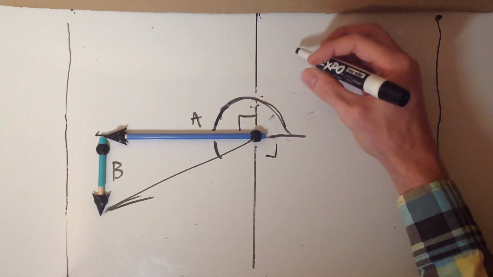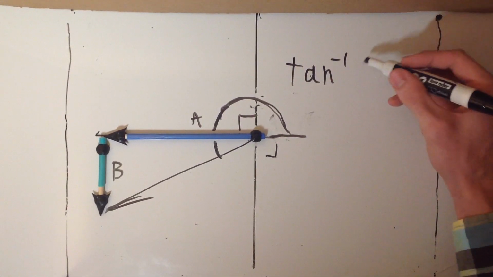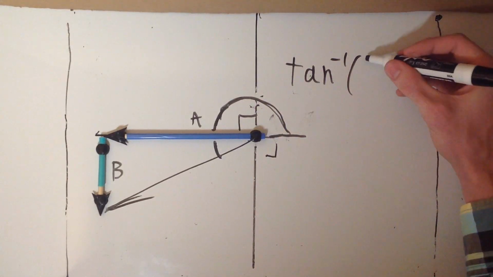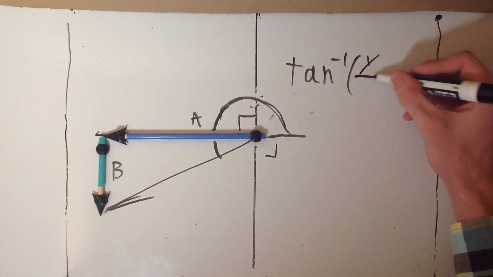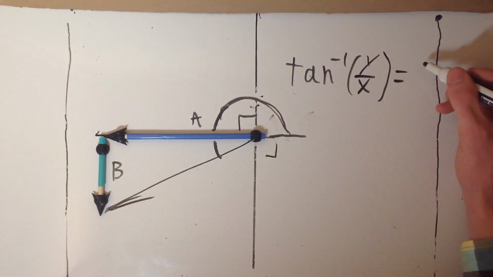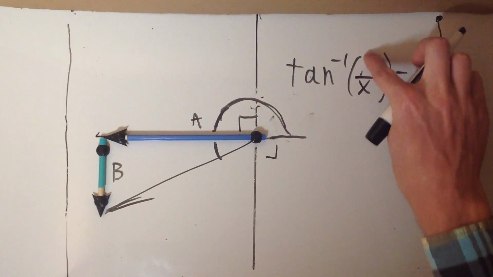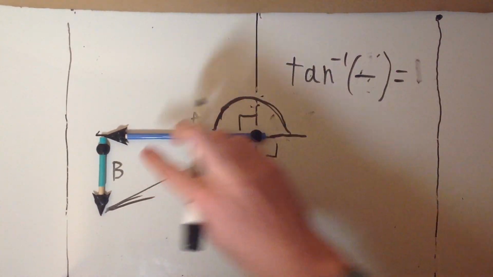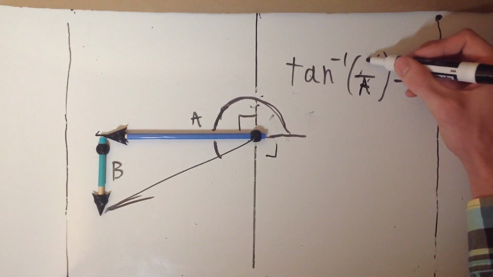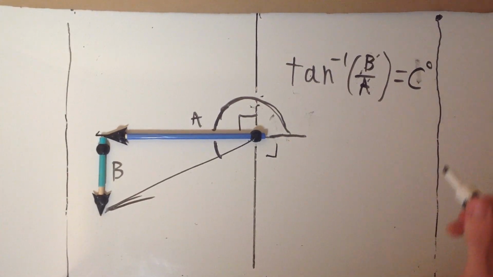To find the angle, we use our tangent inverse function, and it's always your y over your x, and that equals your resulting angle. Since we have them labeled A and B, our x is A, our y is B, and we'll get some degrees C.